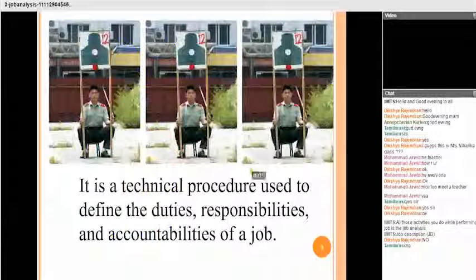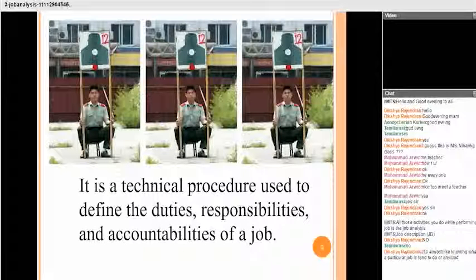It is a technical procedure used to define the duties, responsibilities and accountabilities of a job. It's almost like knowing what a particular job is meant to do. There are different job roles, such as business analyst, HR manager, IT manager, software developer.